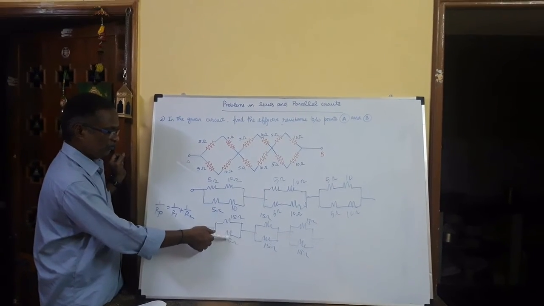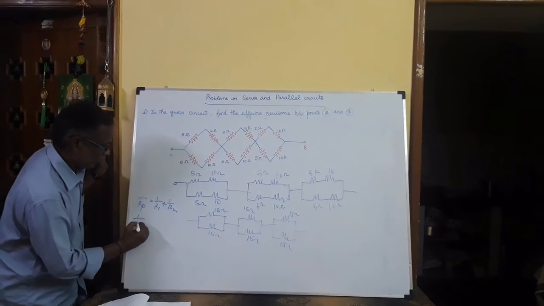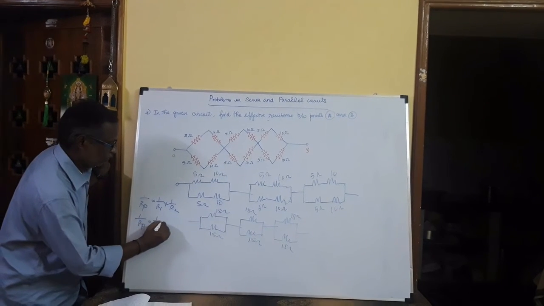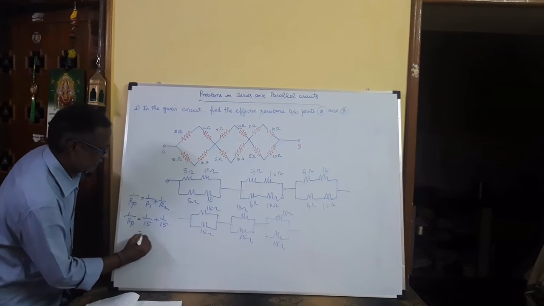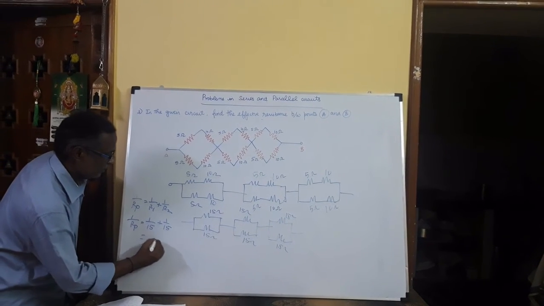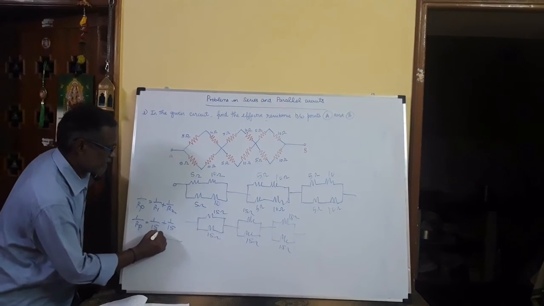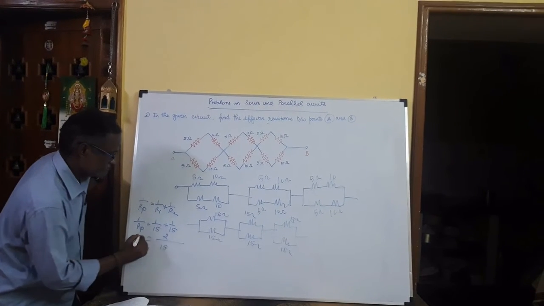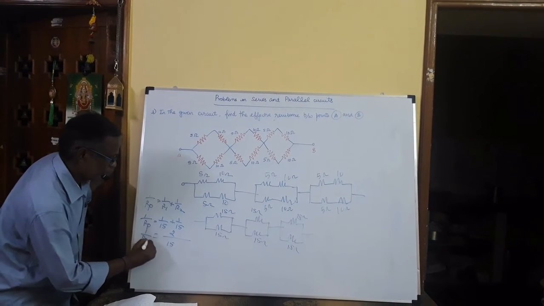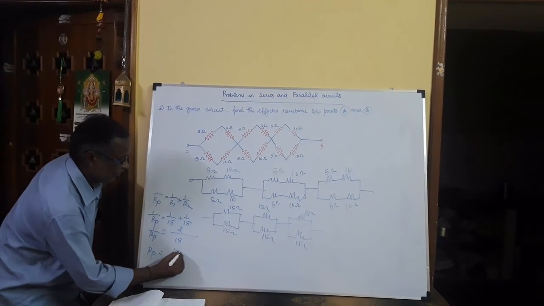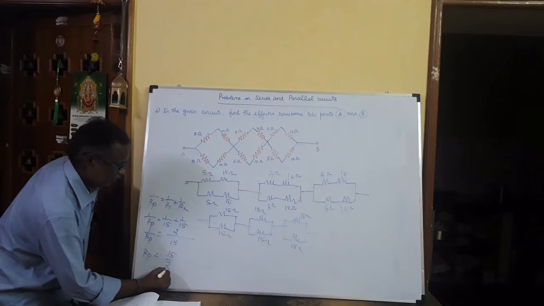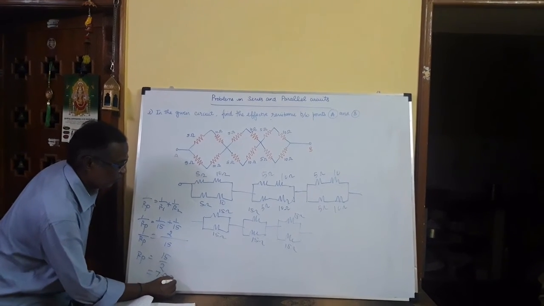What is our R2? 15 ohm. So 1 by Rp is equal to 1 by 15 plus 1 by 15. If you take the LCM 15, it becomes 2 by 15. This is our 1 by Rp. What is our Rp? Rp is equal to 15 by 2, which is equal to 7.5 ohm.